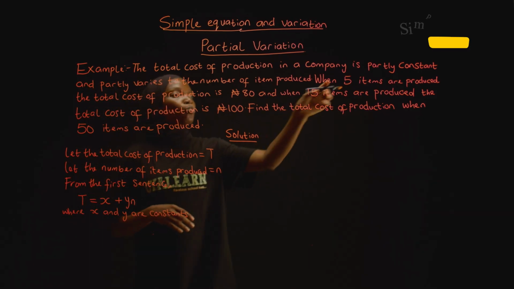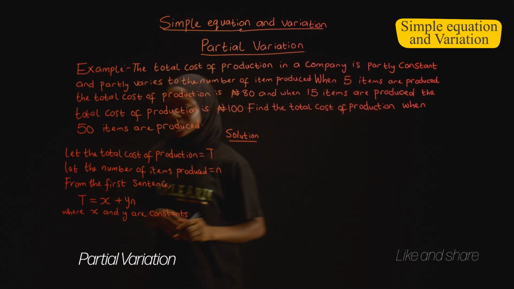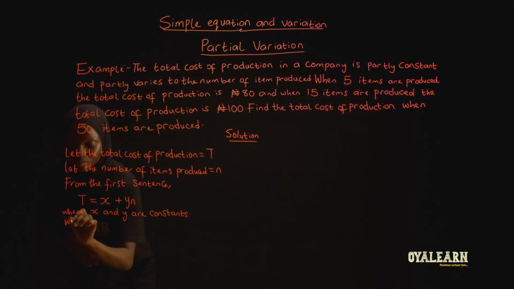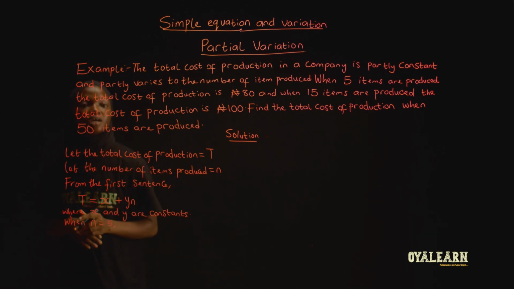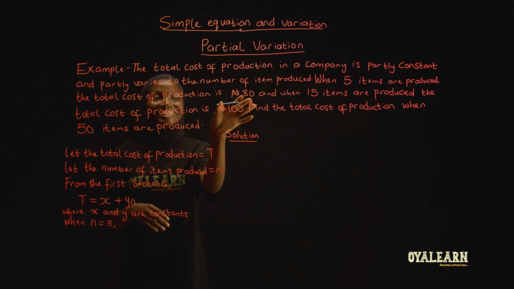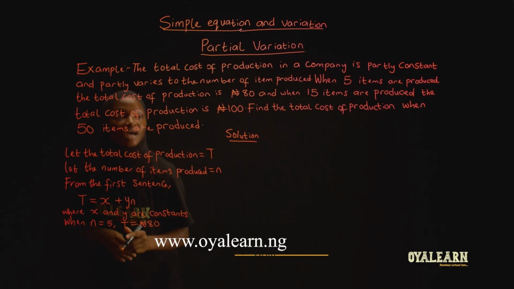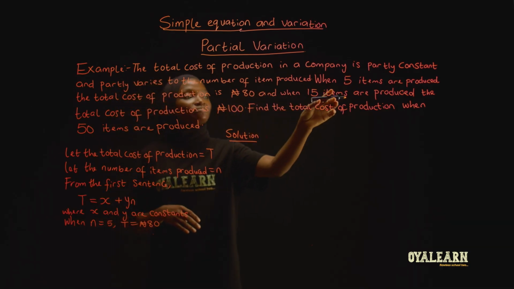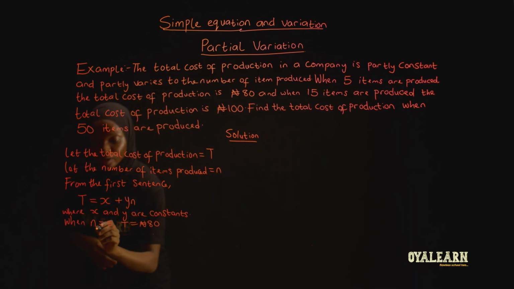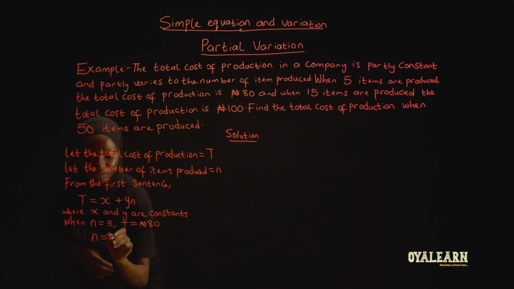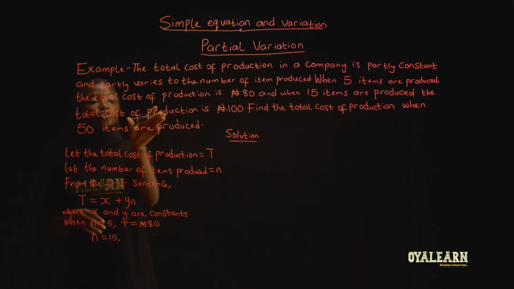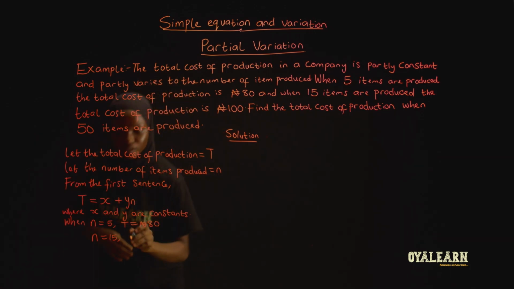It says, when 5 items are produced, that is, when N equals 5, the total cost of production is 80 naira. That is, T equals 80 naira. And when 15 items are produced, N equals 15, the total cost of production is 100 naira.